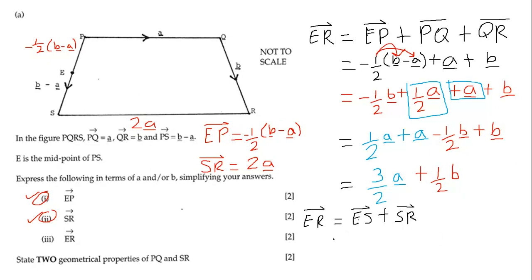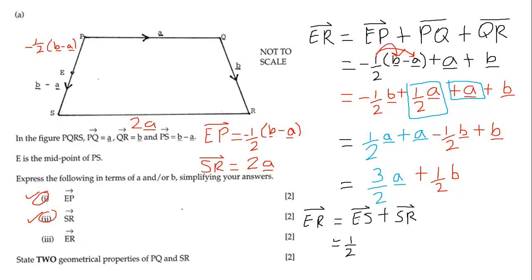Now what is ES? Well, because E is the midpoint, ES is going to be half of B minus A. And it's not negative a half B minus A because we're going in the right direction. We're going downwards.